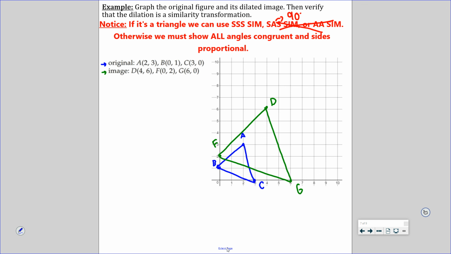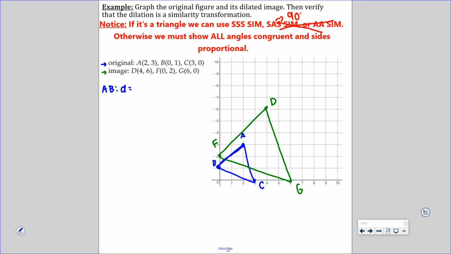All right, let's start with the original. Start with AB. I did the distance formula, and I got the square root of 8. Now, I'm going to tell you 2 things. 1, we need to practice writing these as simplified radicals anyways.